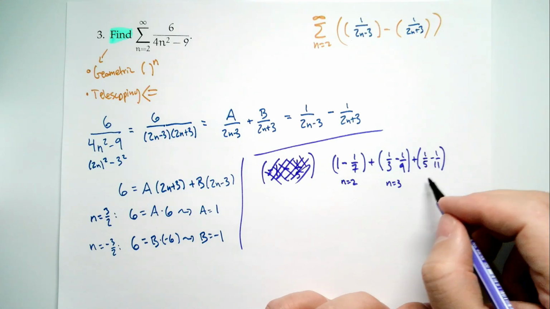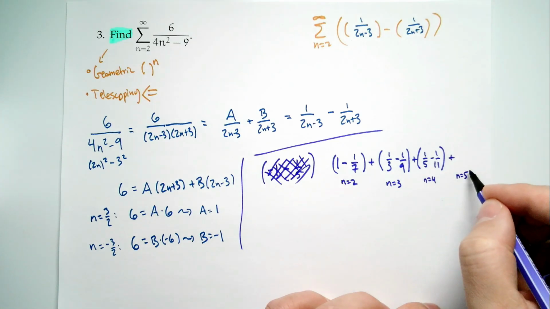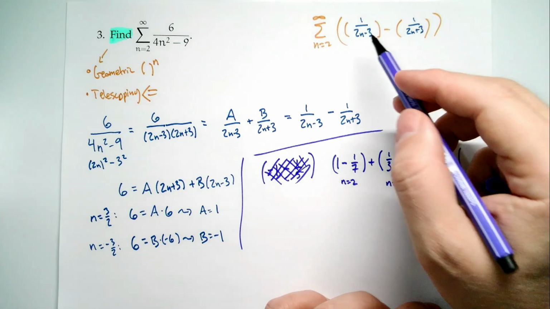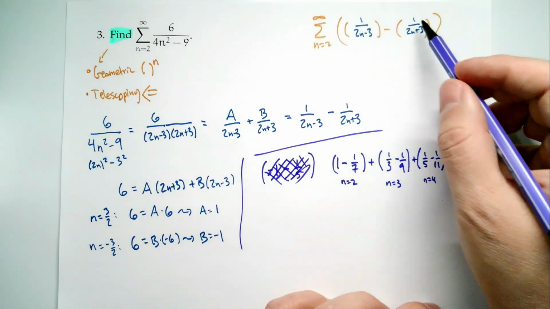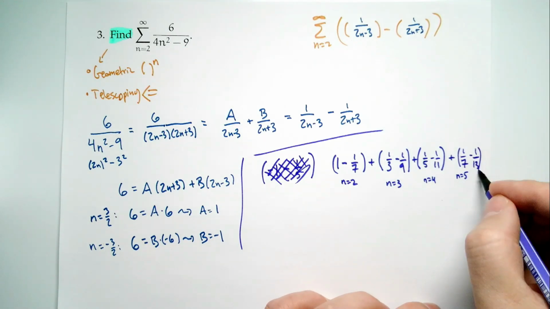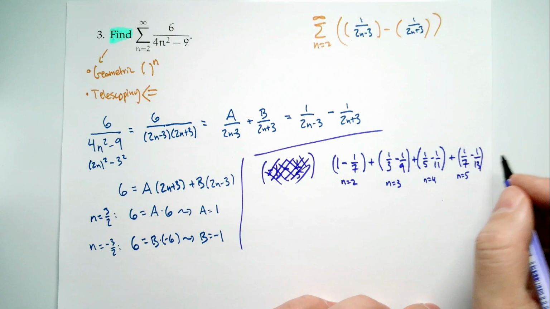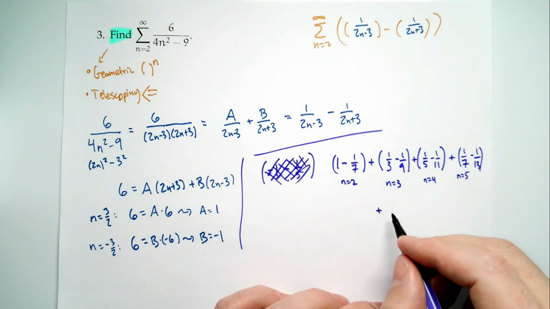And then the next term will be n equals 5. Well, what's that? 1 over 10 minus 3 is 1 over 7. And then 1 over 10 plus 3 is 1 over 13. And, oh my gosh, I'm running out of paper here. All right, well, next, we'll do a few more. N equals 6.